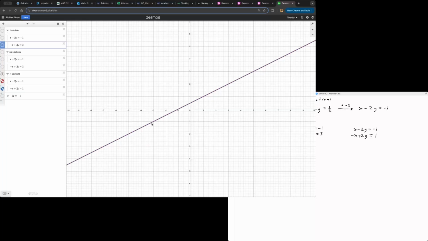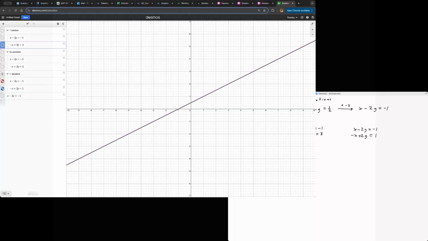So in other words, these are parallel lines, but they're actually the same line. And so every point on this line is on both of those lines. Every point on this line is a solution to the system of equations.